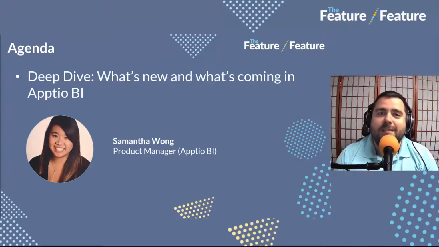Anybody that's involved and needs to see this data, so you can get the people what they need in a quick and easy way. So without further ado, let's dive into this conversation. We're going to flip over to that with Samantha Wong here in just a minute.